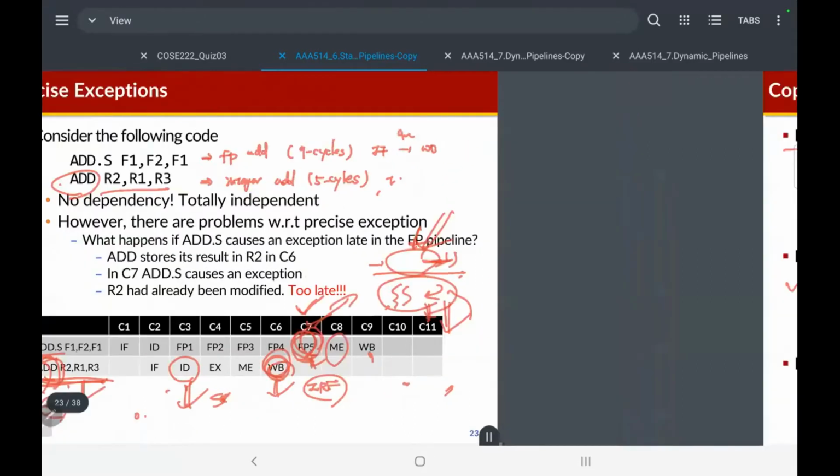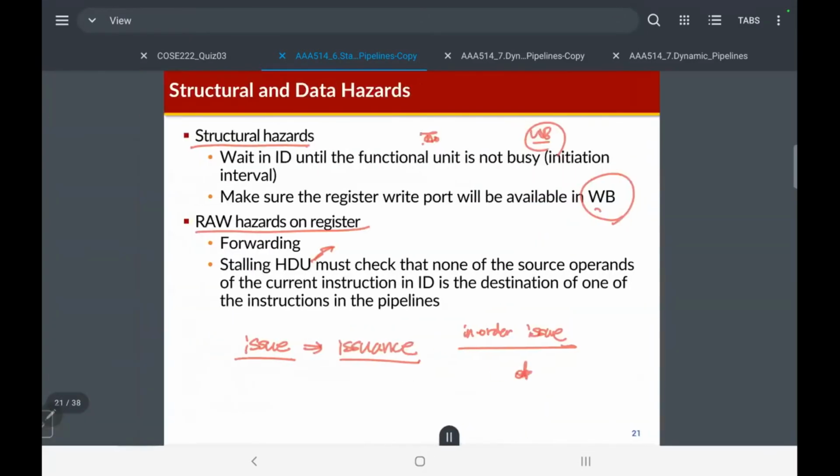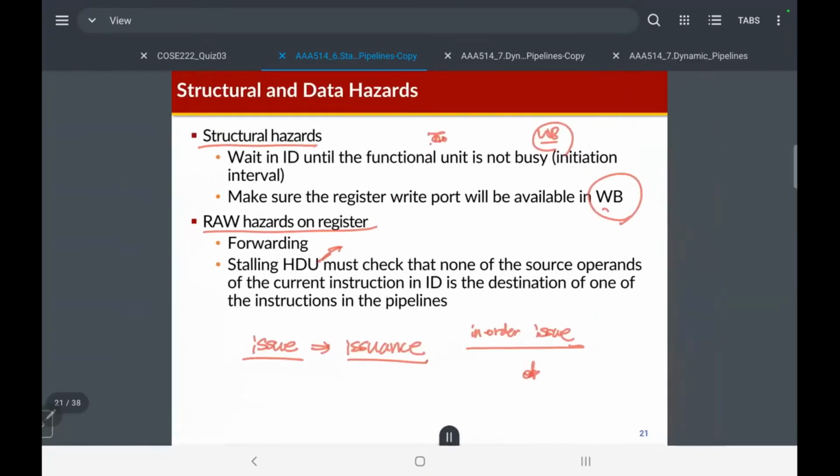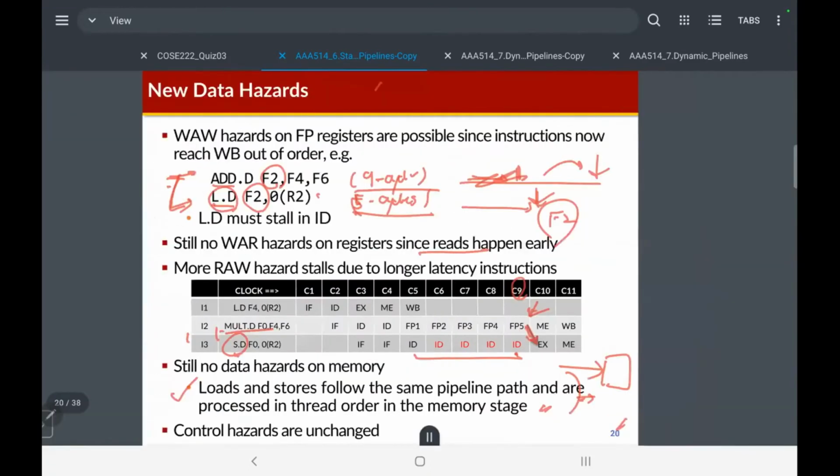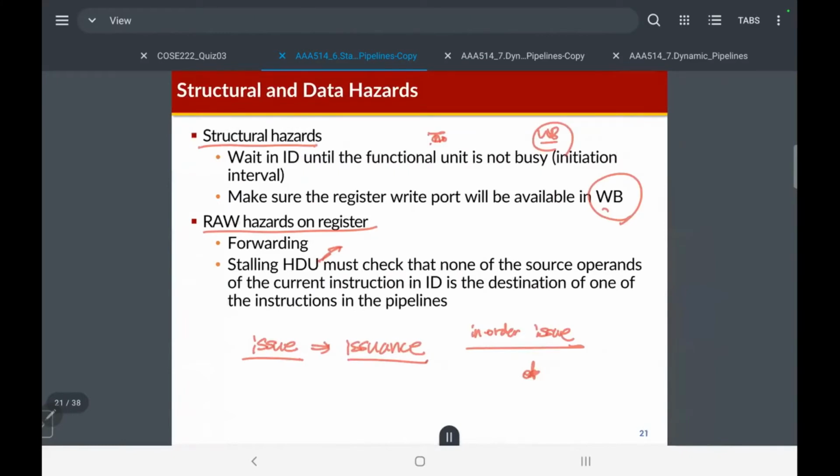Usually in the very simple 5-stage pipeline architecture, you need to consider the data hazard. Actually, we don't need to consider the structural hazard because the instructions are executed in order, but we need to consider the load hazard, which is a data hazard.